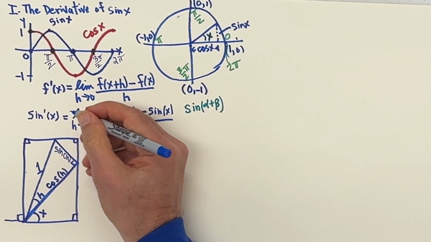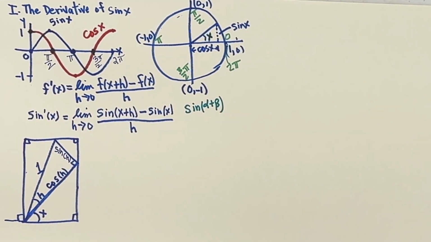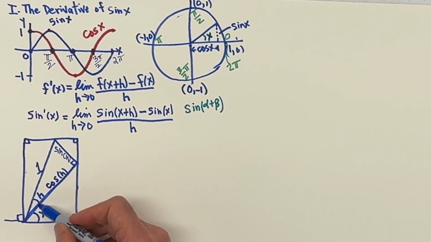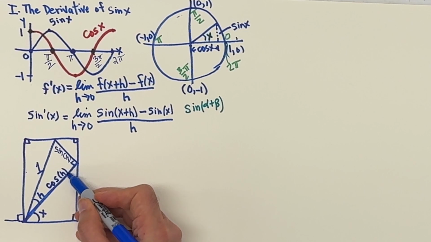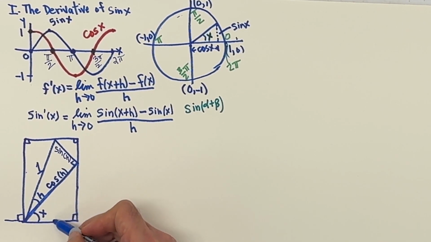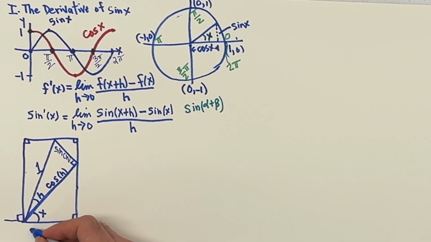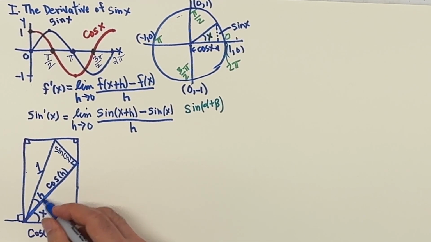So that fits in there, the sine of h. And then for this side, to get the cosine involved, this is your hypotenuse, cosine of h. And if I hit that with the cosine of x, I get this one down here. So this one is the cosine of h times the cosine of x.